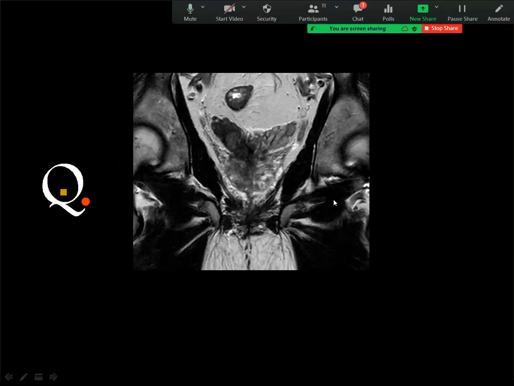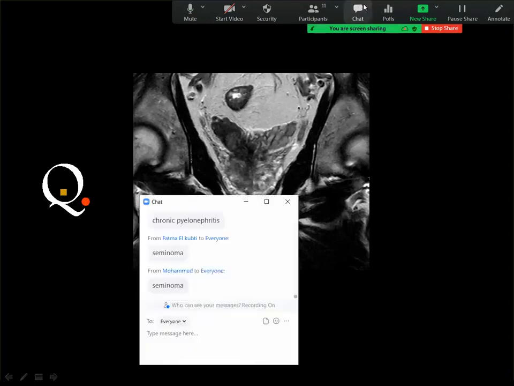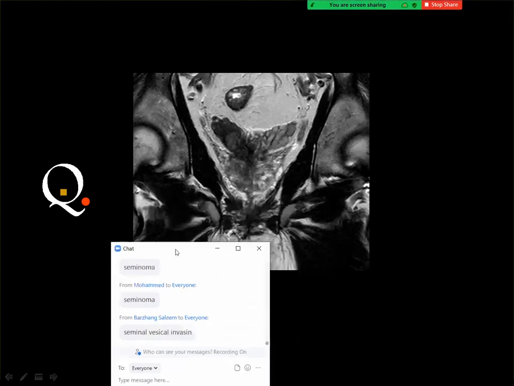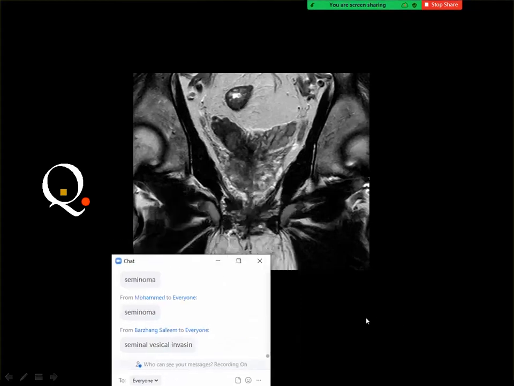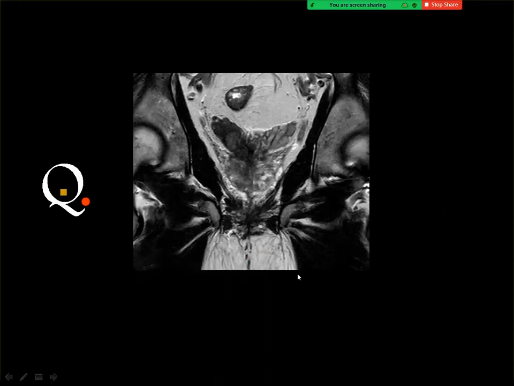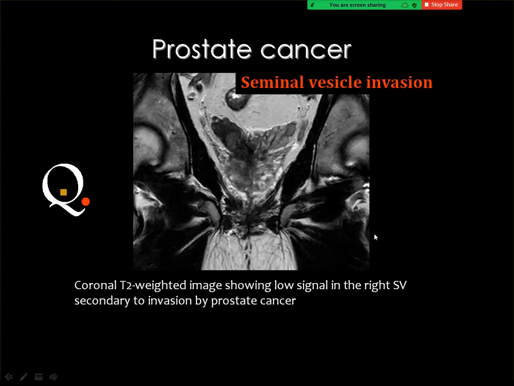This is coronal T2 weighted image of the pelvis. Seminal vesicle invasion by the bladder is not shown here, but I think this is a prostatic cancer that is invading the seminal vesicle, yes.